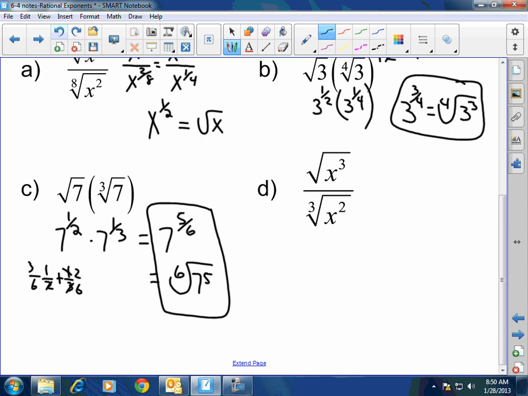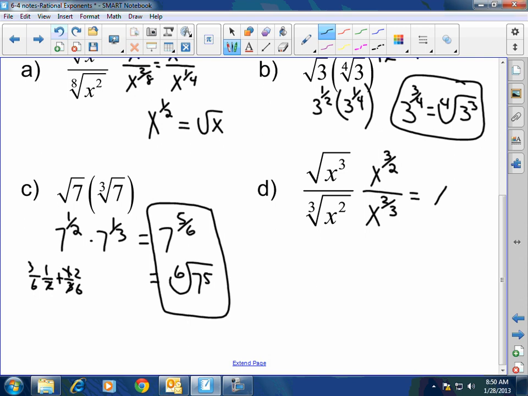Okay, square root of x cubed over the cube root of x squared. I'd love to be able to simplify this, but I cannot in radical form. But I can do x to the 3/2 divided by x to the 2/3. When I am dividing the same base, I subtract the exponents.